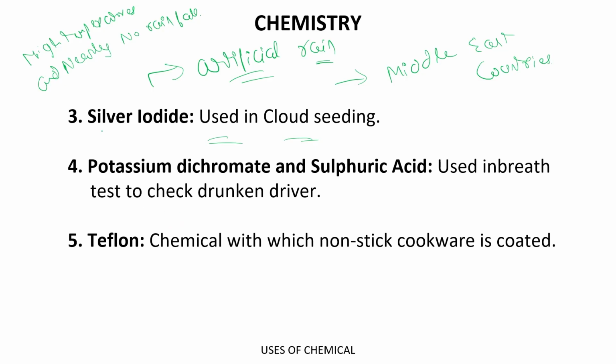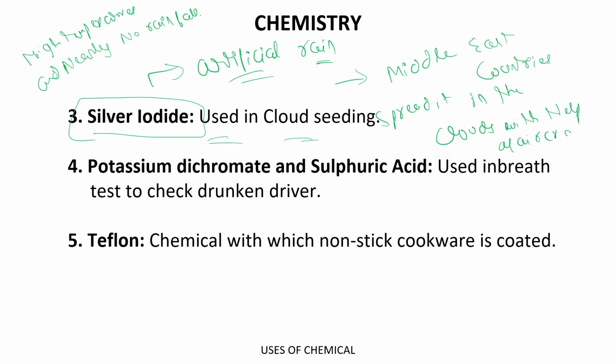The government generally uses silver iodide and spreads it in the clouds with the help of aircraft. They take aircraft flying over the cities, spreading the silver iodide in the clouds. Silver iodide helps the clouds condense and start raining. That's how artificial rain is conducted.